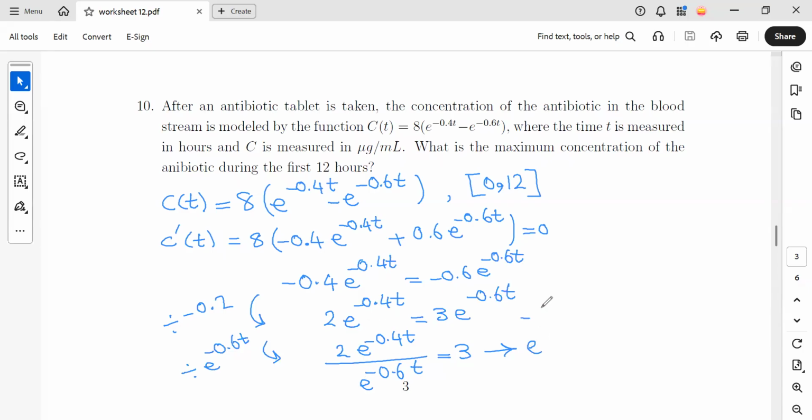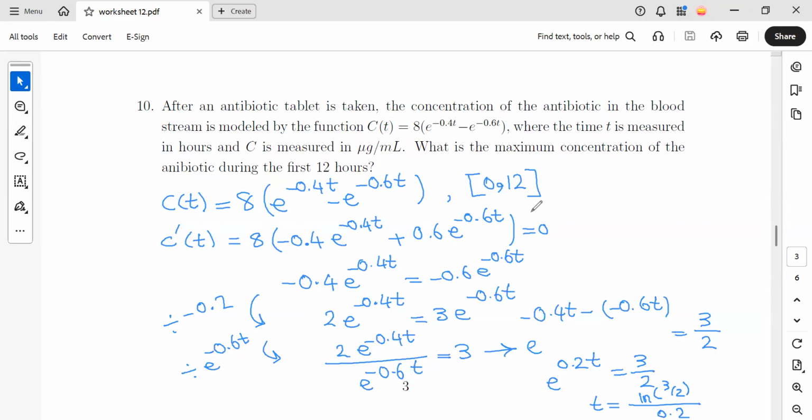So negative 0.4t minus negative 0.6t equals 3 over 2. So e to 0.2t will be 3 over 2, and t will be ln of 3 over 2 over 0.2, which is t here.